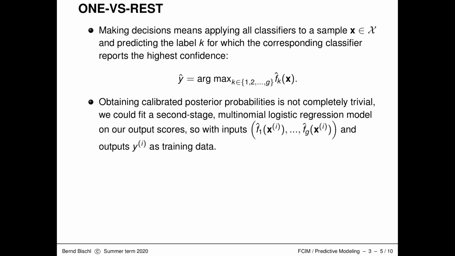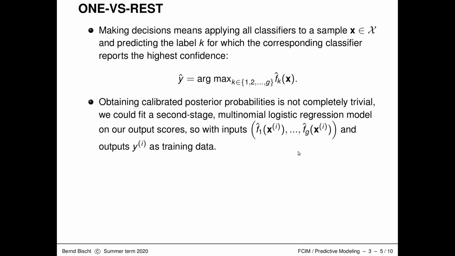But one way to obtain calibrated posterior probabilities is to assume that you are given these G scores here, and then you fit a second stage softmax logistic regression model on these output scores, which transform these output scores into your labeled class or probabilities for such a labeled class.